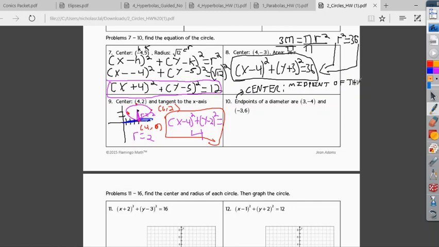The center is the midpoint of the endpoints of the diameter. And the radius is going to be 1/2 the length of the diameter.